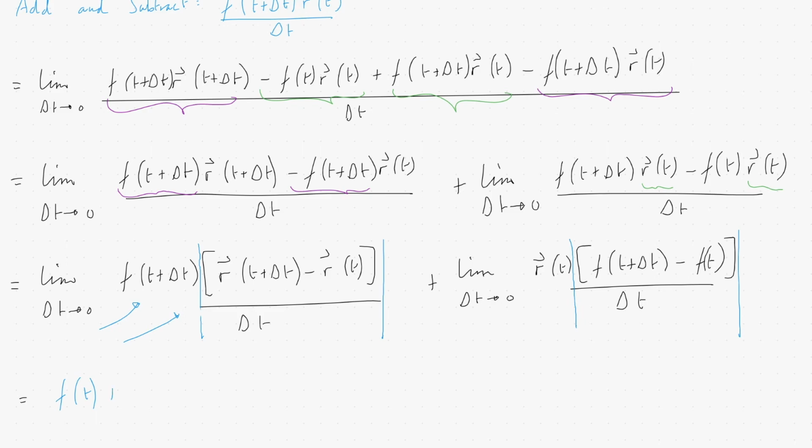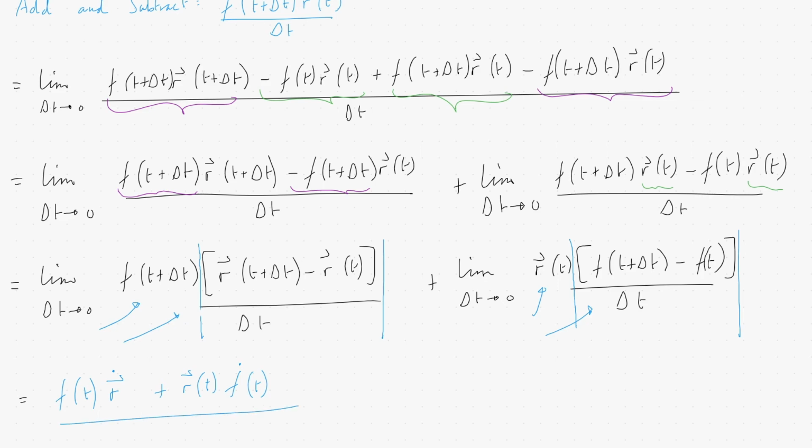And this is going to give us r dot, where r dot is the same as the time derivative of the r vector. And on the other side, r of t doesn't have any delta t components itself, so we can just say this is plus r of t. And finally, this last part is just the definition of the time derivative of the scalar function. And that's going to give us f dot of t.